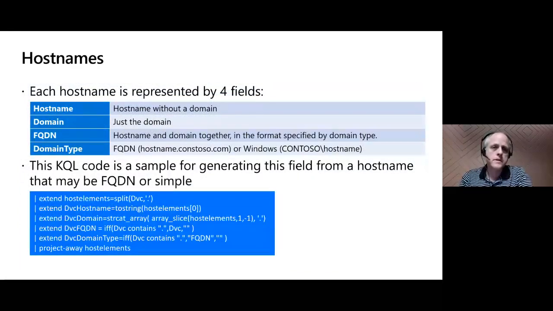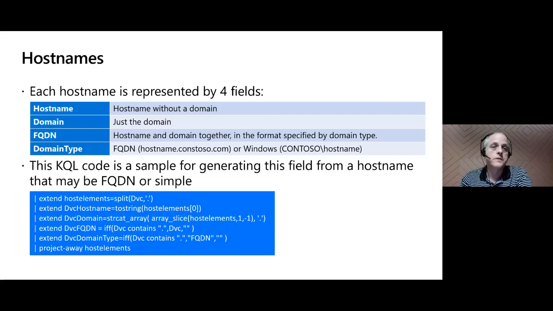I mentioned host names. Host names are a big debate in the normalization community across different schema projects. We selected a way that has 4 fields for a host name to try to cover the variations and make things predictable for the query using it.